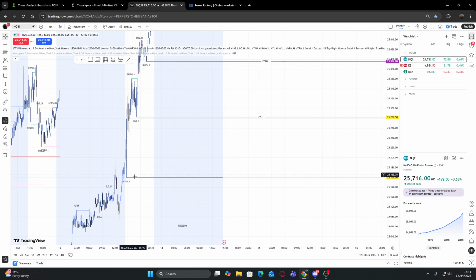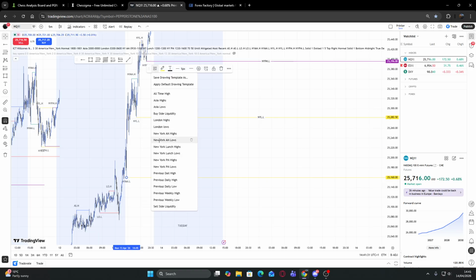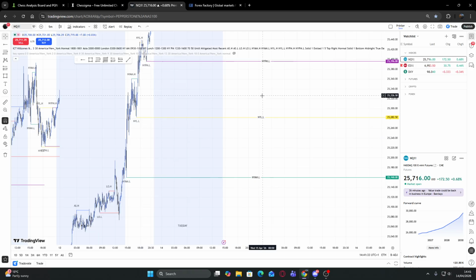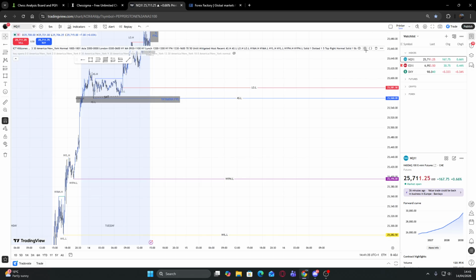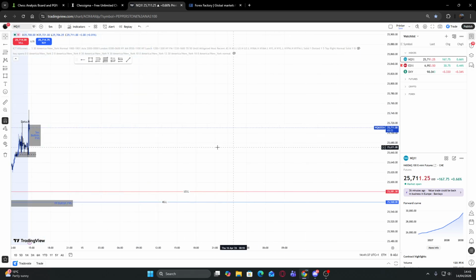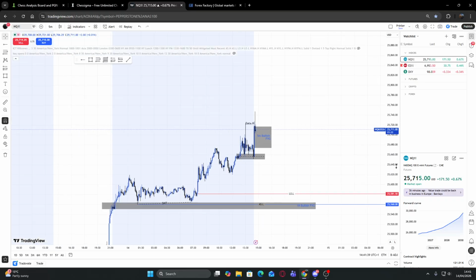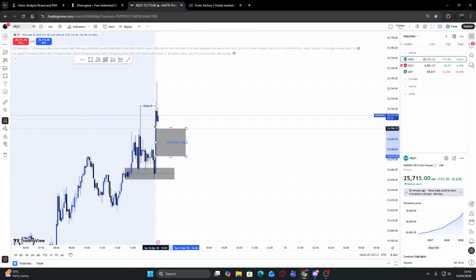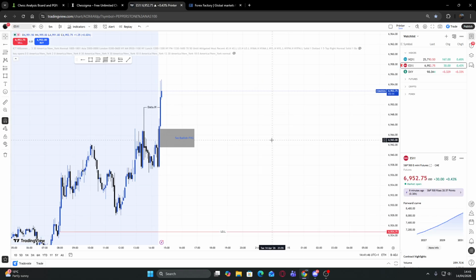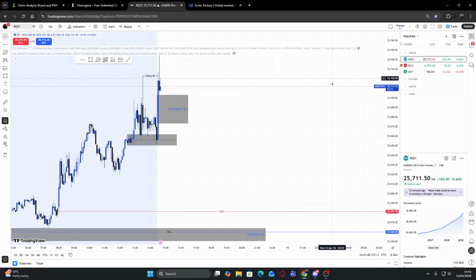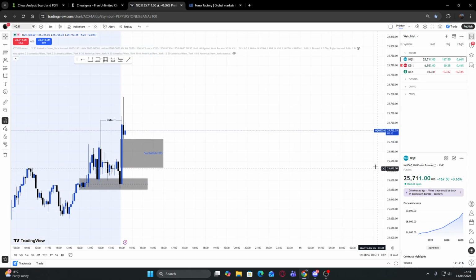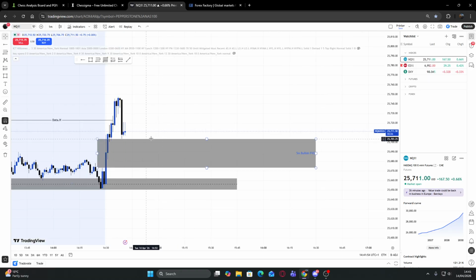And these AM lows. Okay, so we create this 5-minute here, which we leave unmitigated, as the ES continues to soar, as Nasdaq creates this rejection block. Have a look at 1 minute what's happened here.